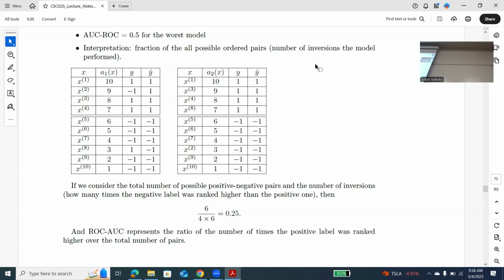It will be 1, because when we calculate the true positive rate and false positive rate, as you remember, if we choose the first threshold here, we will get 1 over 4, then 2 over 4, then 3 over 4, and finally 4 over 4.